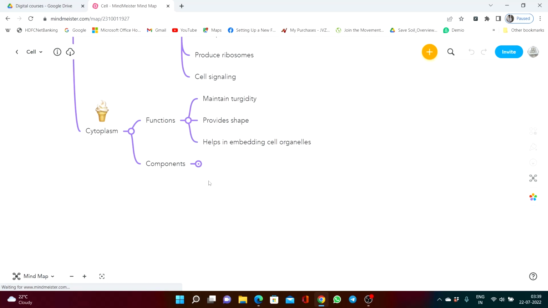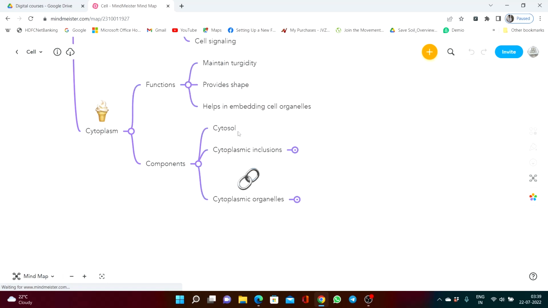Now coming to the components of the cytoplasm, that is, what it is made of. It is mainly made of cytosol, then the cytoplasmic inclusions and the cytoplasmic organelles. The cytosol is a gel-like substance which embeds the cytoplasmic inclusions and the cytoplasmic organelles in it.